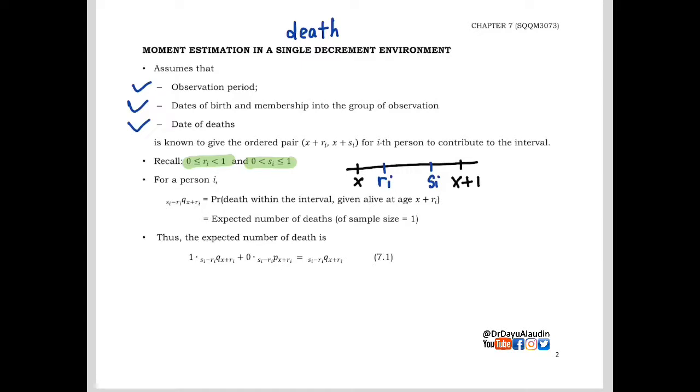So the probability of death within the interval given alive at age x plus RI. This person must survive until x plus RI. This is the condition given alive at age x plus RI.